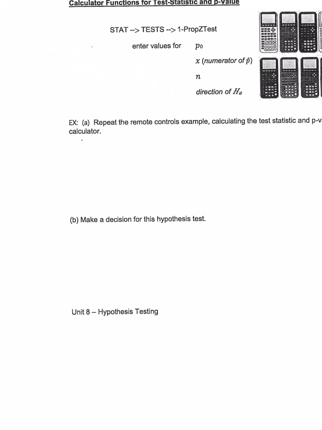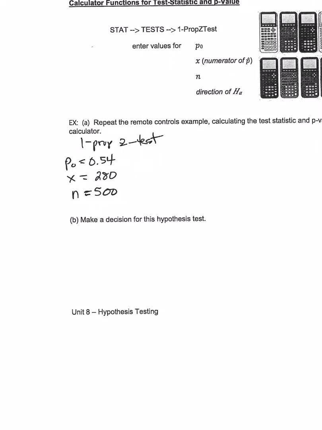So let's do this for our remote control. It wants an x and an n. What was our x? What was our n? How many remote samples did we pull? 500. How many of them actually were between couch cushions? That would be our x.